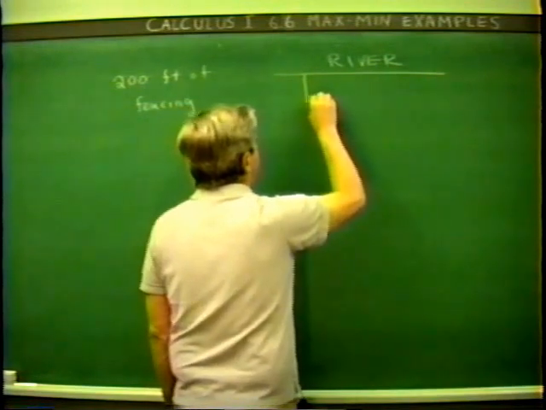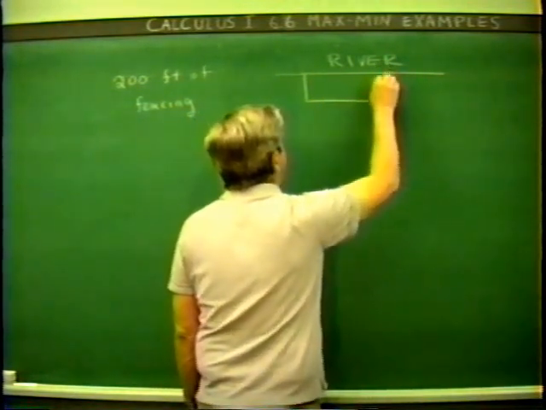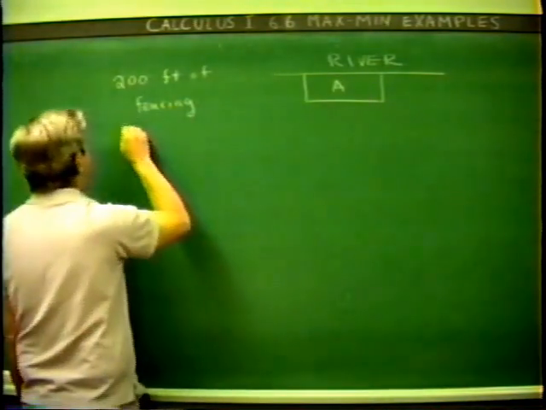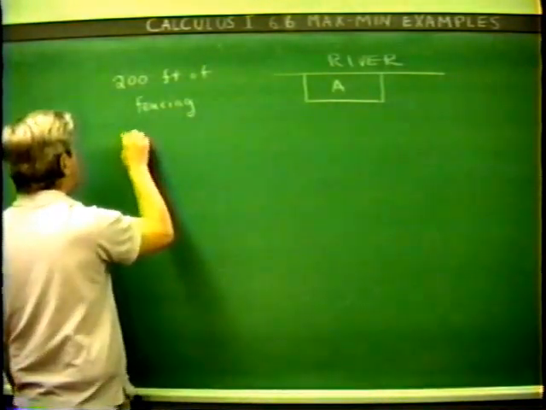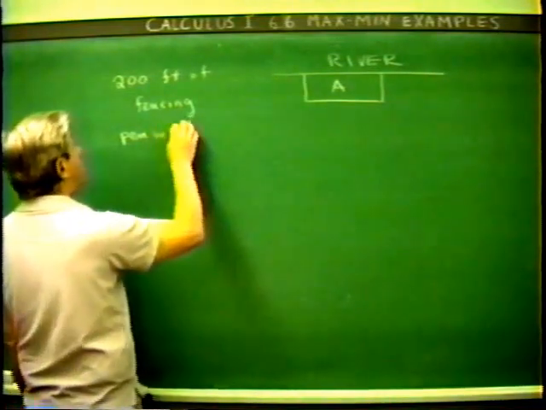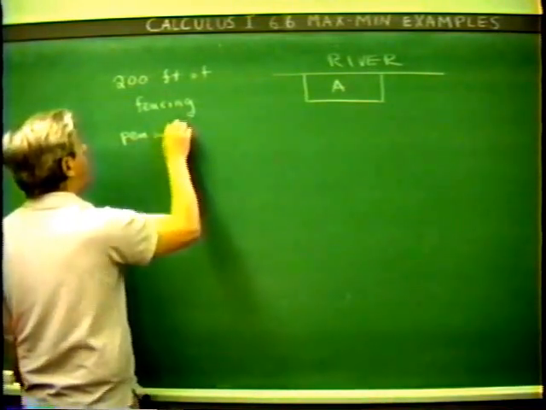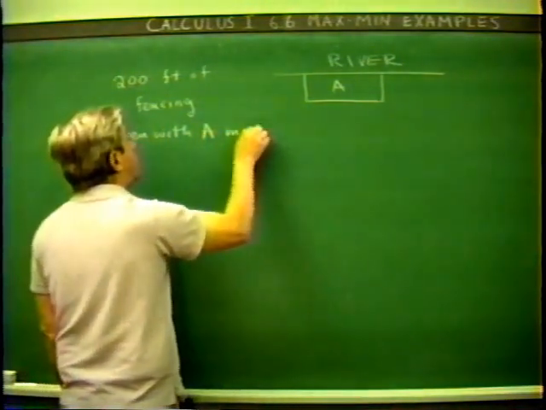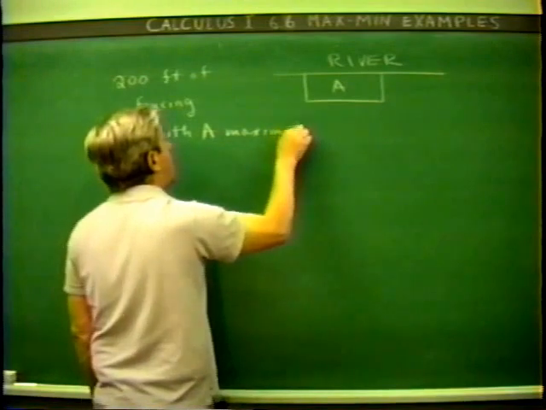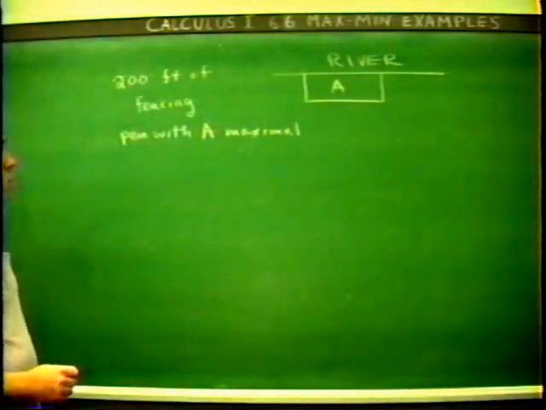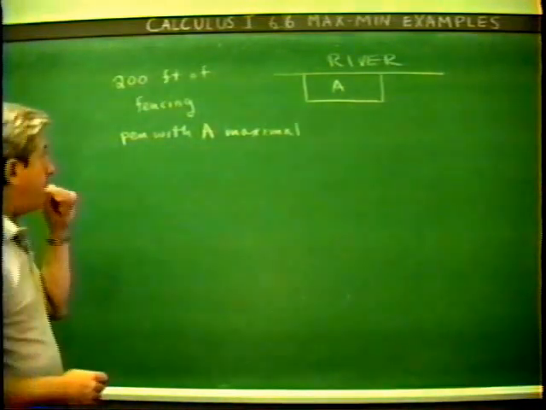And he wishes to make a rectangular pen here along the river. And he wishes to do it so that the area A, well, not a pen perhaps, but enclose this area here with A maximal. Right. We need to find out what A is.